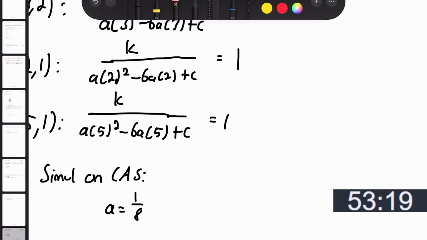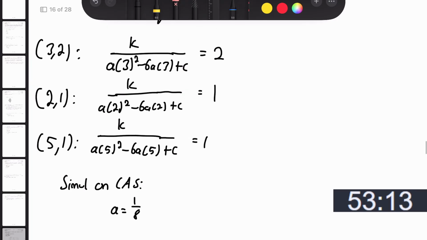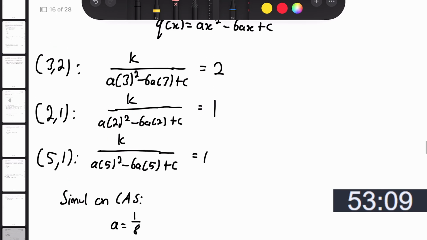So what if I did this? If I go graph, table, if I graph 8 on x squared minus 6x plus 13. Very normal.